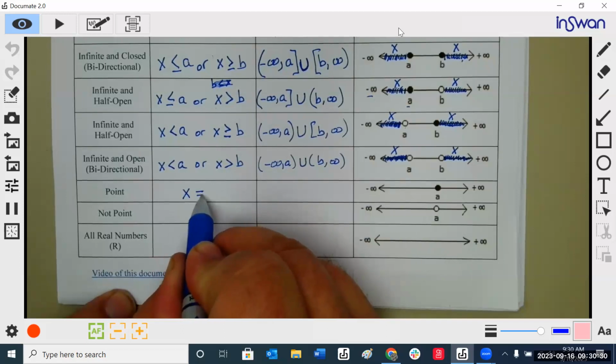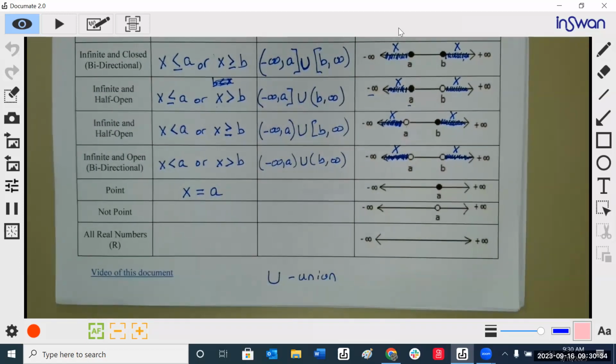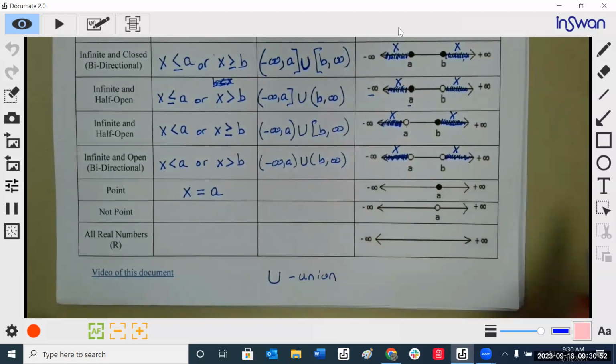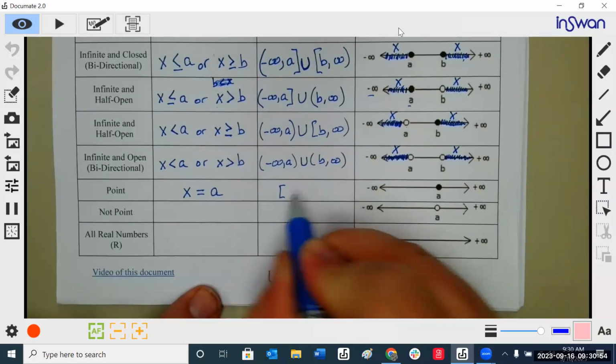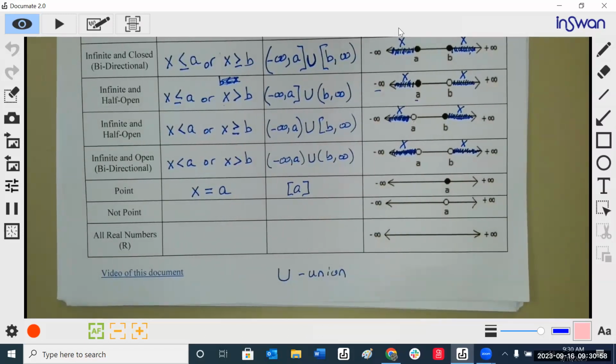X is equal to A. How about interval notation? Which symbol do we use for a solid dot? The bracket. Does it go anywhere else? So it opens, there's A, it doesn't go anywhere, so it stops.